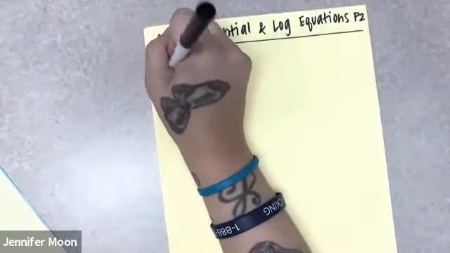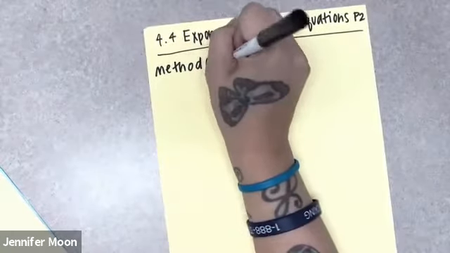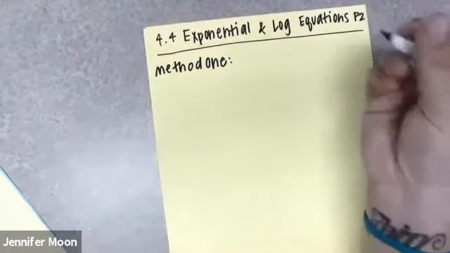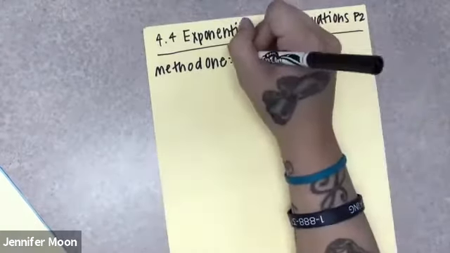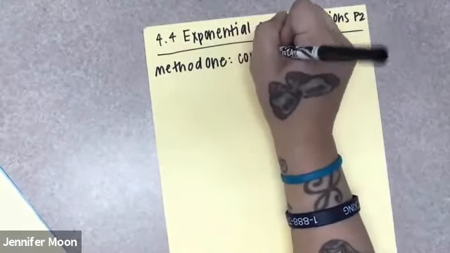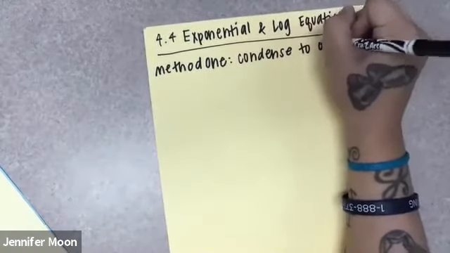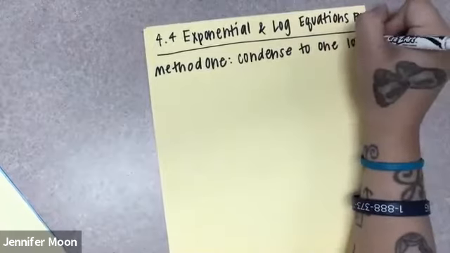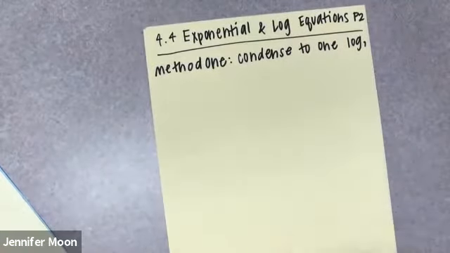So I've got 2 methods also for here. I've got a method 1 for our log equations, and the actual steps that we're going to follow, y'all, is to condense to 1 log. And honestly, that's going to be your clue that, hey, this is what I need to do, right?